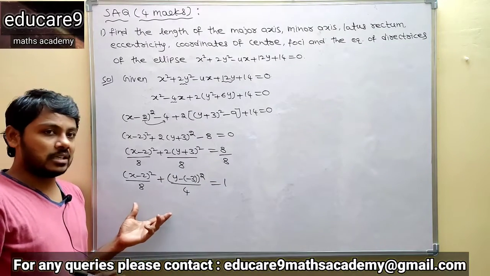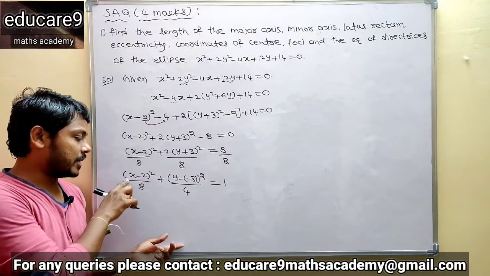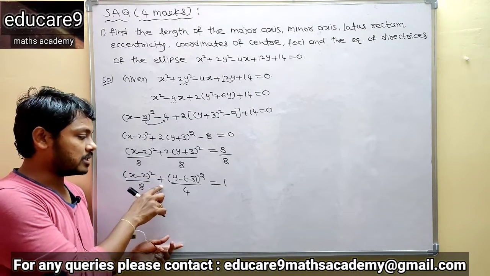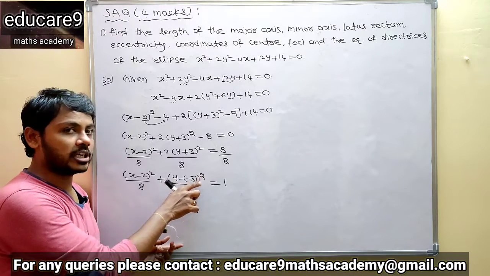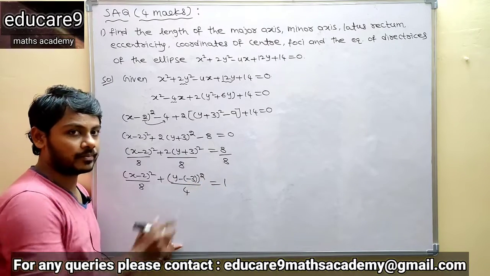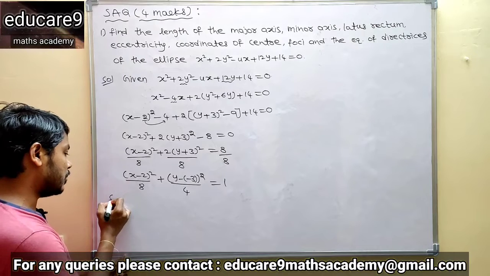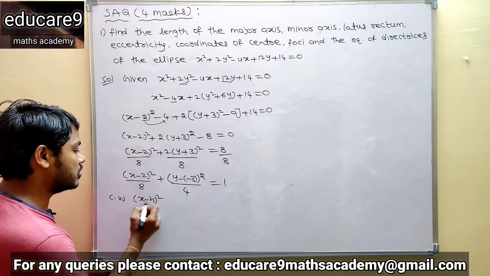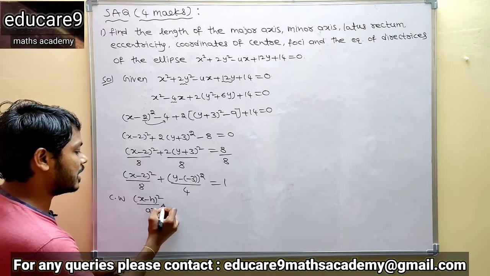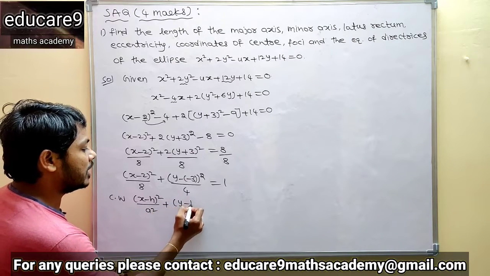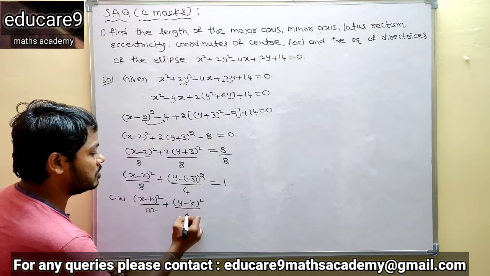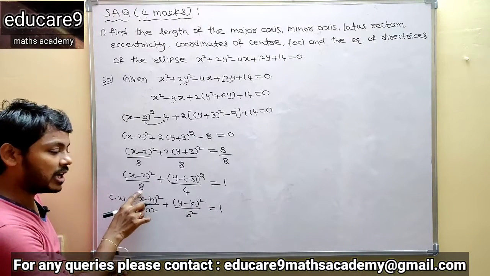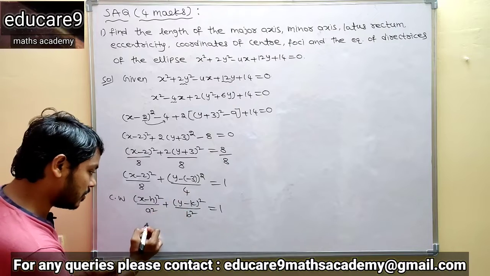Now clearly this equation is of the form (x minus h) whole square by a square plus (y minus k) whole square by b square equals 1. See here, comparing with this form, therefore a square value is 8 and b square value is 4.